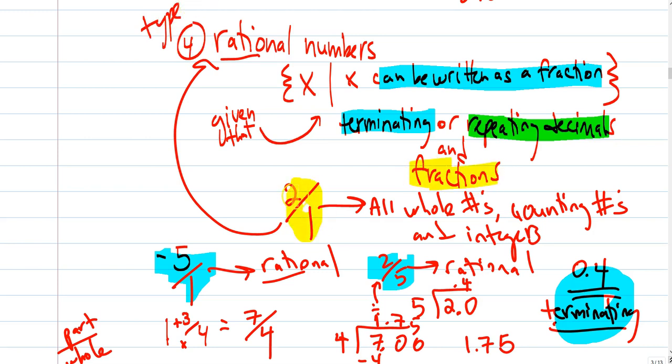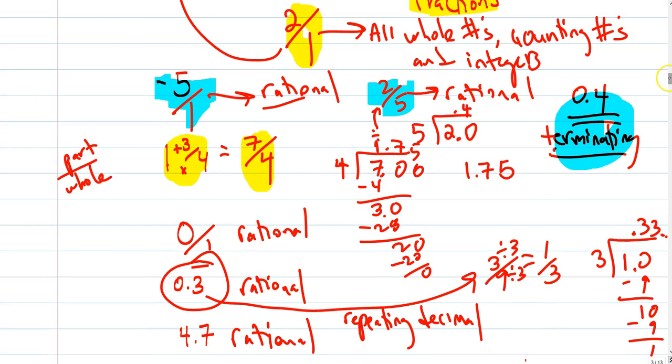So anything that can be written as a fraction is going to be rational. That's the easy one. But basically what? Any decimal that terminates, or any decimal that repeats. All of those are rational numbers, ratios.